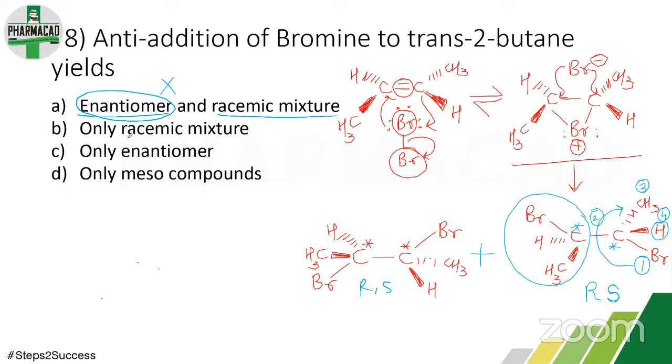Only racemic mixture is possible when we get RR and SS, but we are getting RS, RS, so this option is cancelled. Only enantiomer: if we were getting RR, RR, SS, SS, this option is cancelled. Only meso compound: yes, because we are getting RS, RS. So the answer is option B.